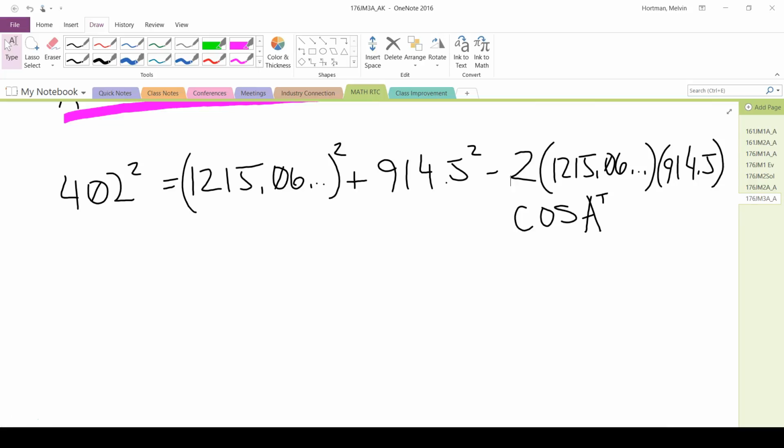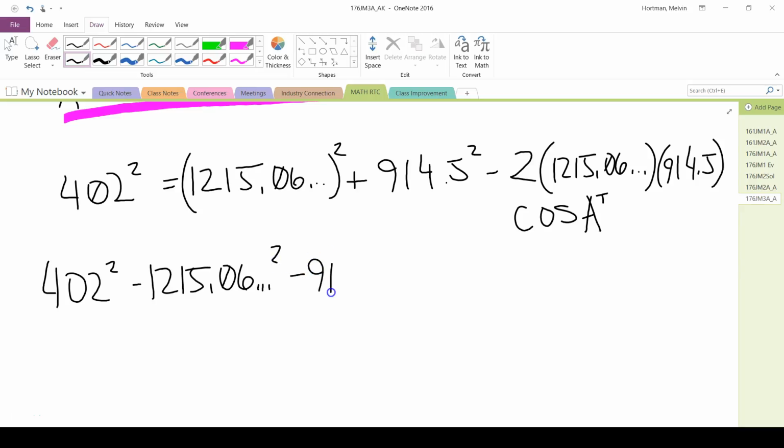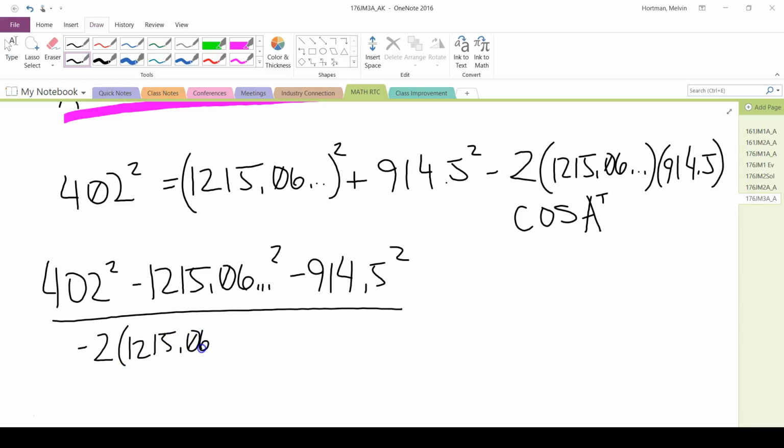Now, here is an extensive problem. I need to do 402 squared minus 1215.06 squared minus 914.5 squared, divided by negative 2 times 1215.06 times 914.5.